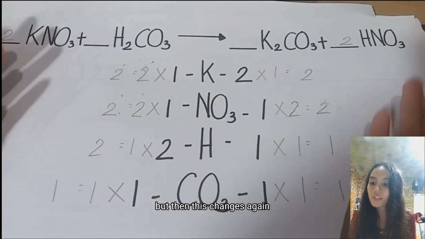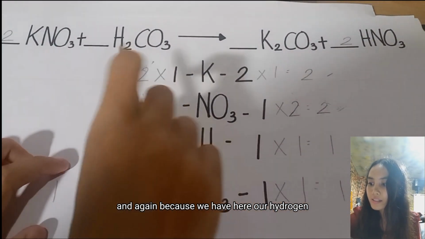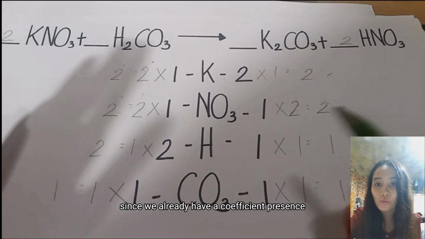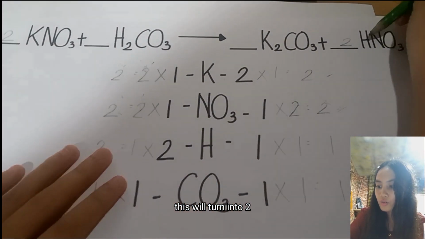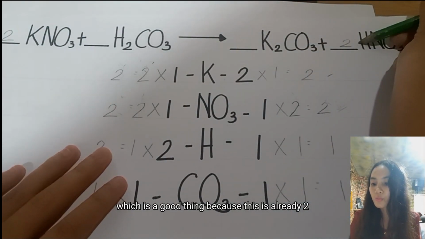But then this changes again and again, because we have here our hydrogen. Since we already have a coefficient present, this will turn into 2, which is a good thing because this is already 2.